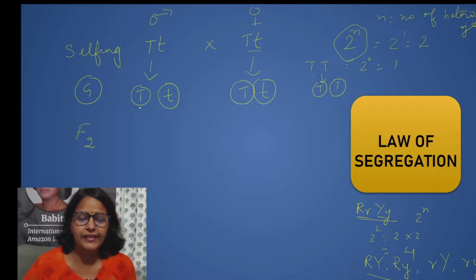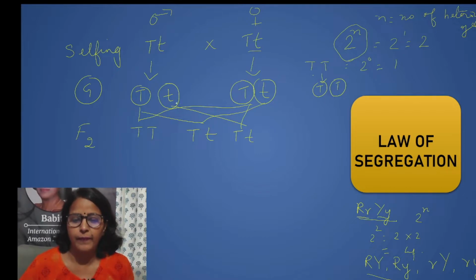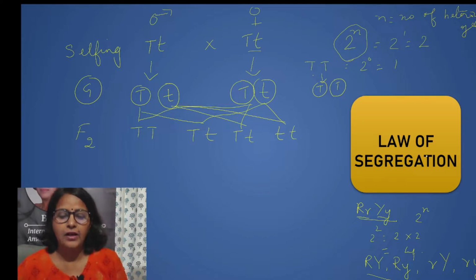F2 says small t. So what does law of segregation state?